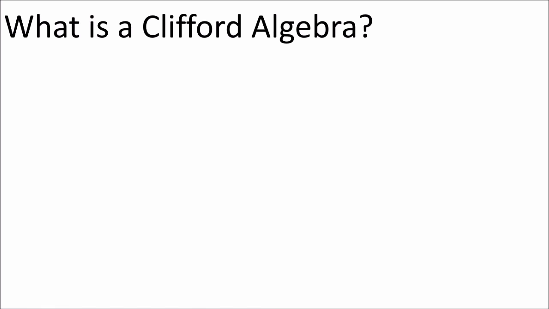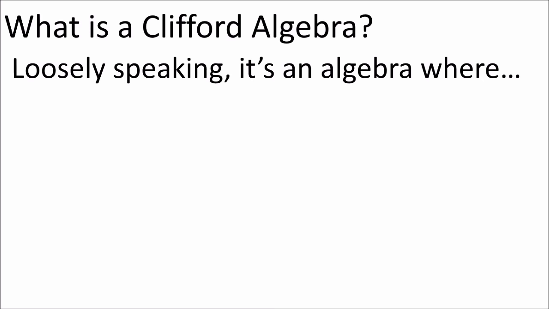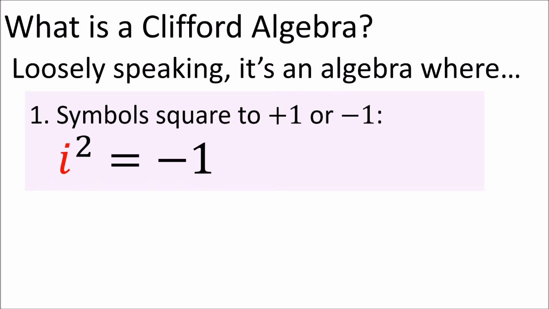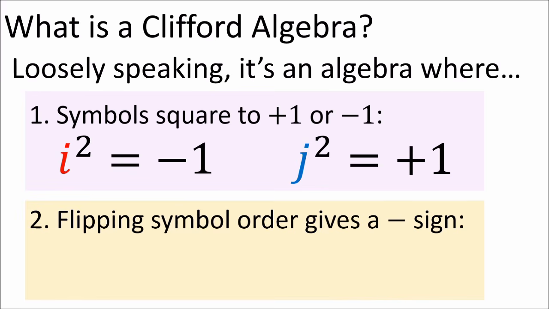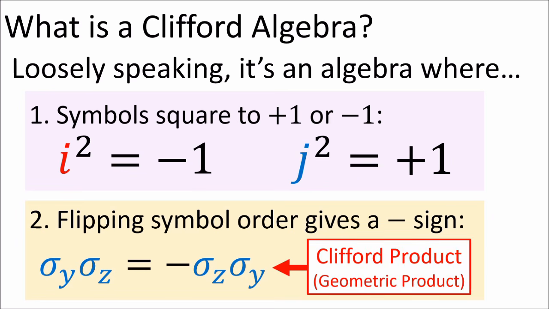Now, what's a Clifford algebra? Loosely speaking, it's an algebra where symbols square to either +1 or -1, and flipping the order of symbols introduces a negative sign, similar to what we saw with Grassmann algebras. This multiplication rule is called the Clifford product, or geometric product, which is denoted by writing symbols next to each other like this.